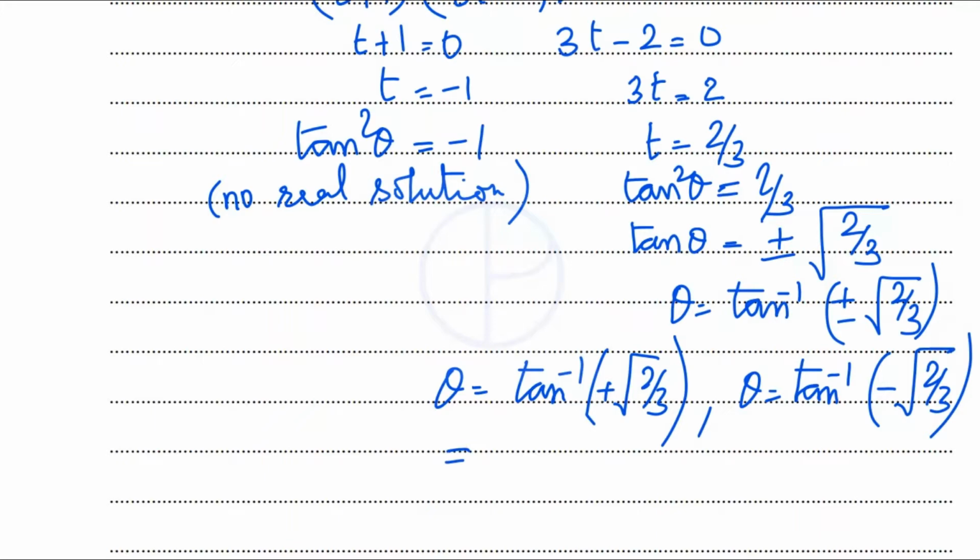So tan inverse of square root of 2 over 3 gives 39.2. Then here we get theta is equal to negative 39.2.